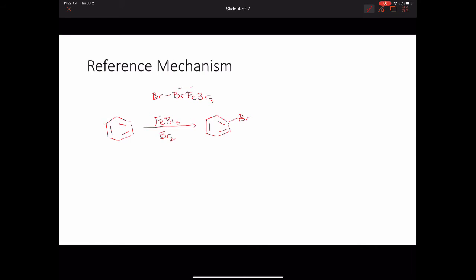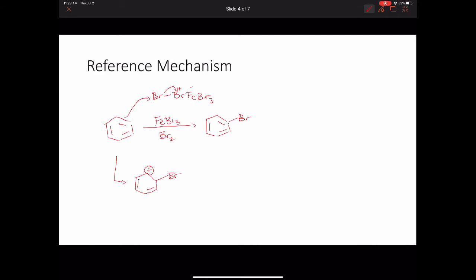You have a positive charge on one of the bromines and a negative charge on the iron, because that iron doesn't like to have four of those bonds, or it's not neutral at that point. The electrons from the pi bond of the benzene attack the electrophilic bromine that's dangling off there, which breaks that bromine bond and forces the electrons up onto that bromine.